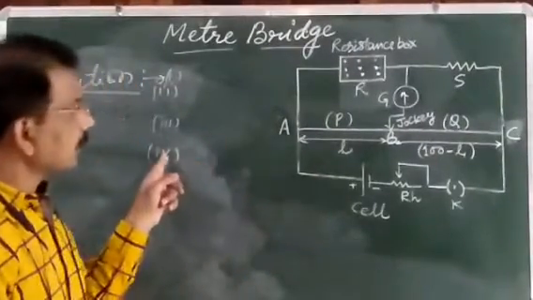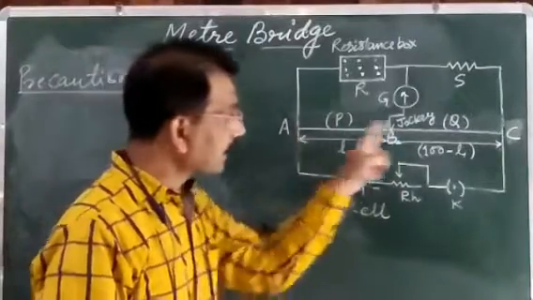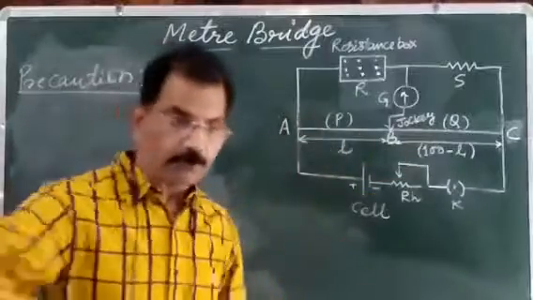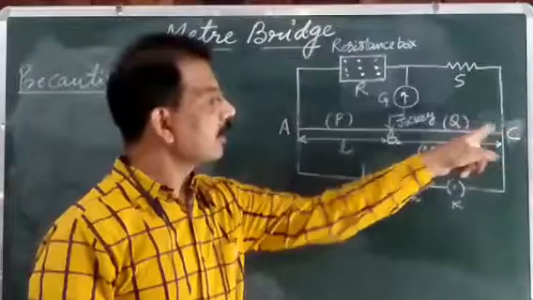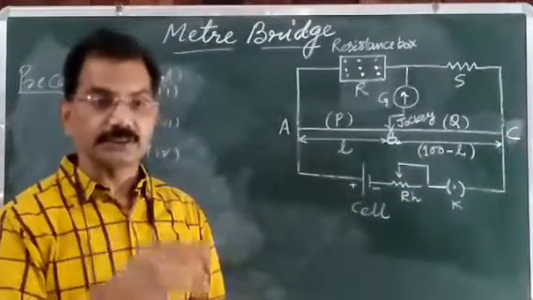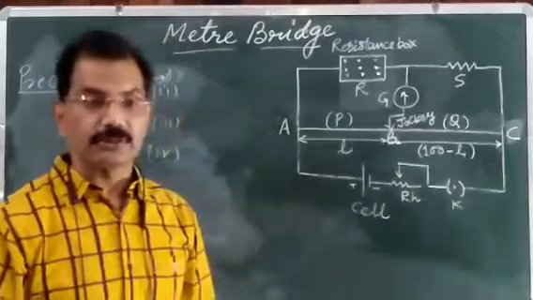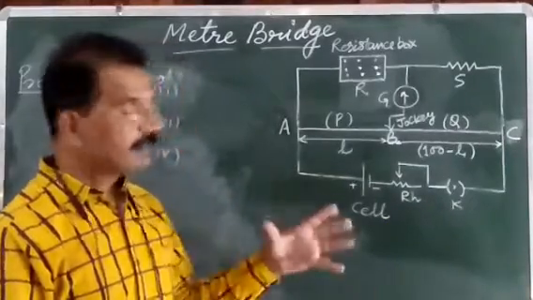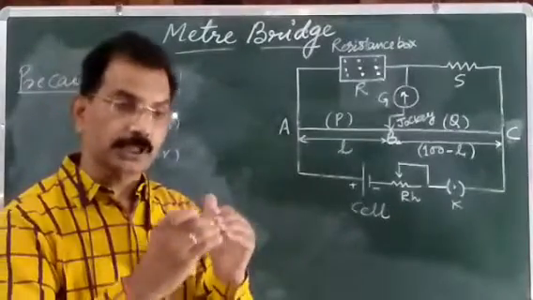And the fourth precaution is what here? This jockey should not be rubbed on the wire AC. The jockey should not be rubbed much on this wire AC. Otherwise, the thickness of this wire AC changes. And when the thickness changes, in this way also the resistance of this wire AC will change. In this way, when we do the experiment, we will always keep all these precautions in mind.